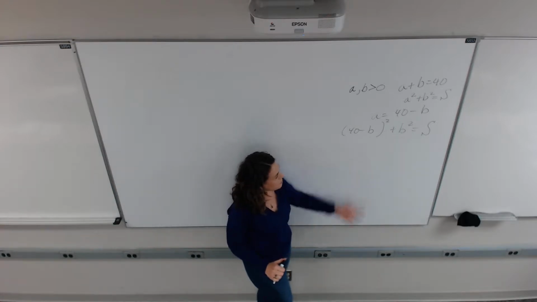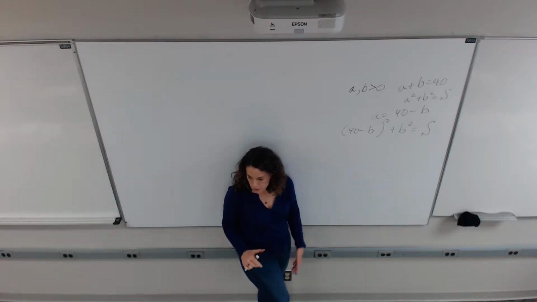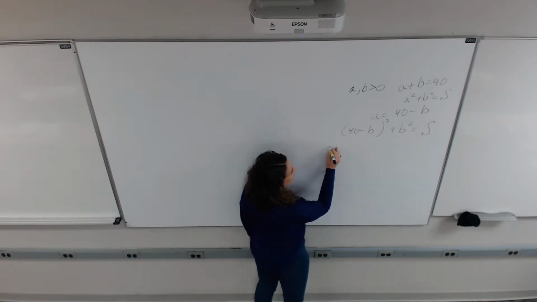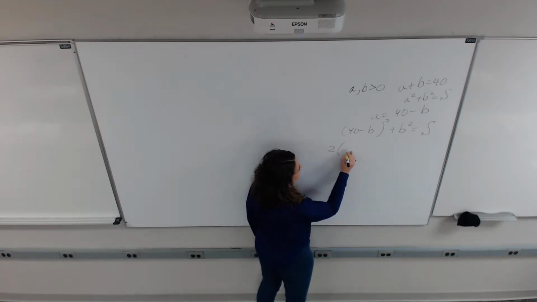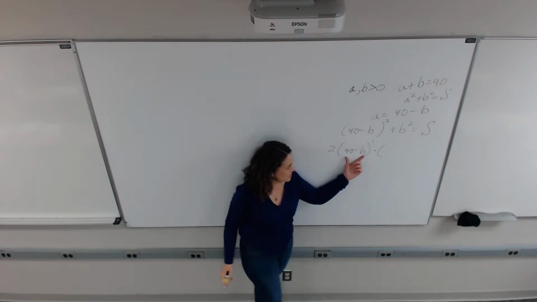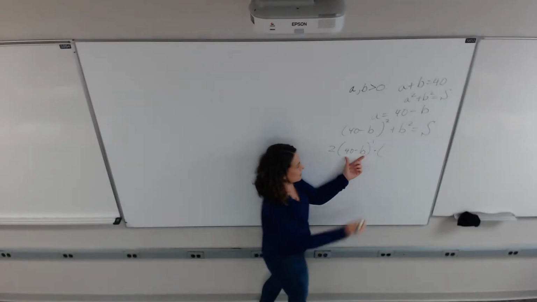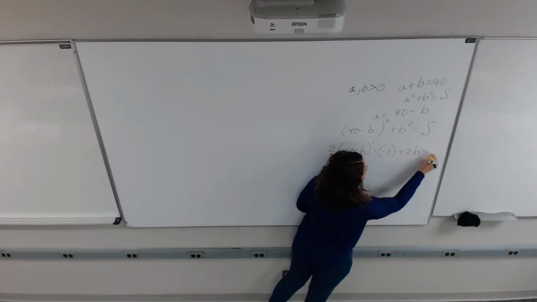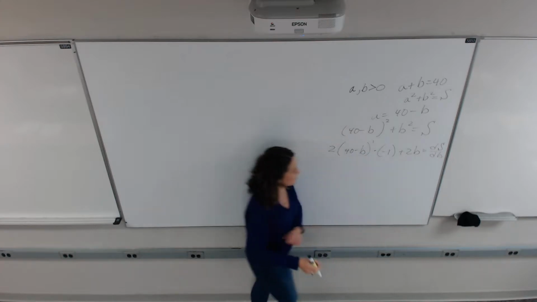You could go ahead and multiply it out, or you could leave it alone, and you could take the derivative at this point. And if you take the derivative at this point, you would get 2 times 40 minus B to the first power times the derivative of the inside would be -1, because you're taking the derivative with respect to B, plus 2B equals the derivative of S with respect to B.